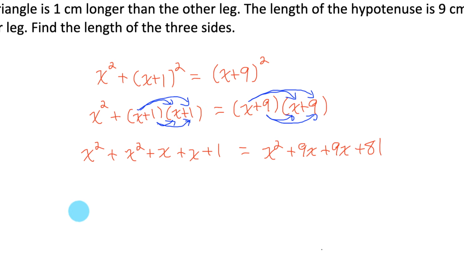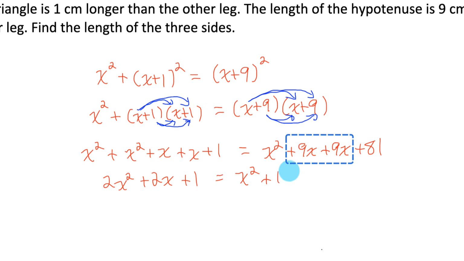We'll now collect all our like terms. On the left side of the equation, I have 2x squared, and I have 2x, and a positive 1. On the right side, I have an x squared plus 18x plus 81. Now, if we're going to want to solve this equation, we have to set it to 0, so we'll move all the terms to one side. I'll move them all to the left, and while I'm moving the terms from the right to the left, I'm going to write them beside their like terms.